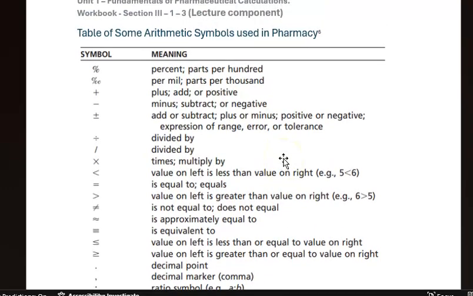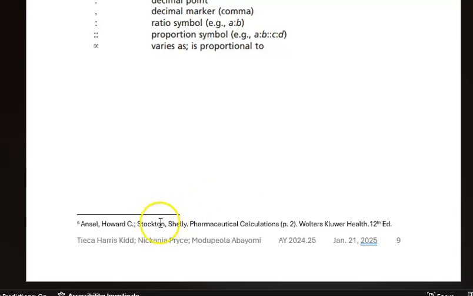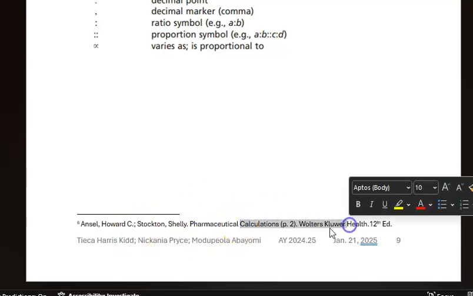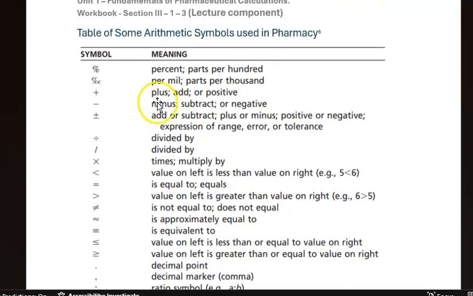Now, in your pharmaceutical calculation textbook, this is taken from the 12th edition, page 2 of the pharmaceutical practice. These are common symbols that you'll be seeing in your questions and that you'll be writing as well. Percentage, which means out of 100.